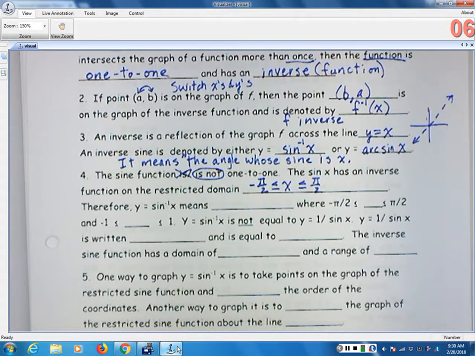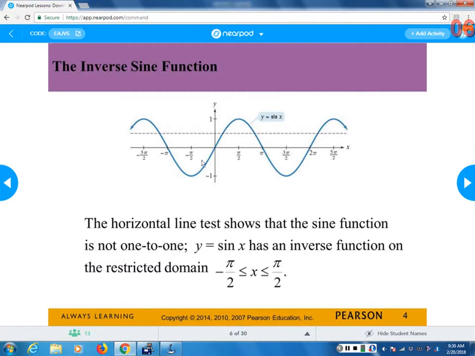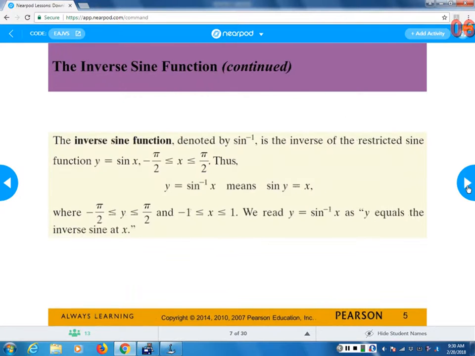All right, and then we're repeating. So we're restricting the domain from here to here, and now it will have an inverse on that restricted domain. Okay, inverse sine function has a restricted domain. You have to memorize this.